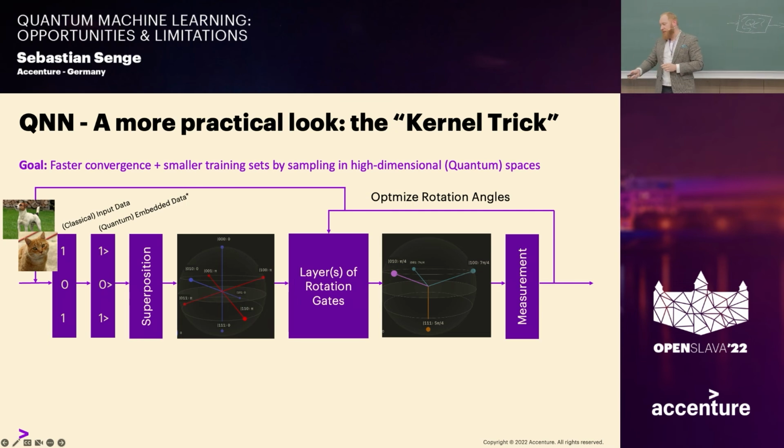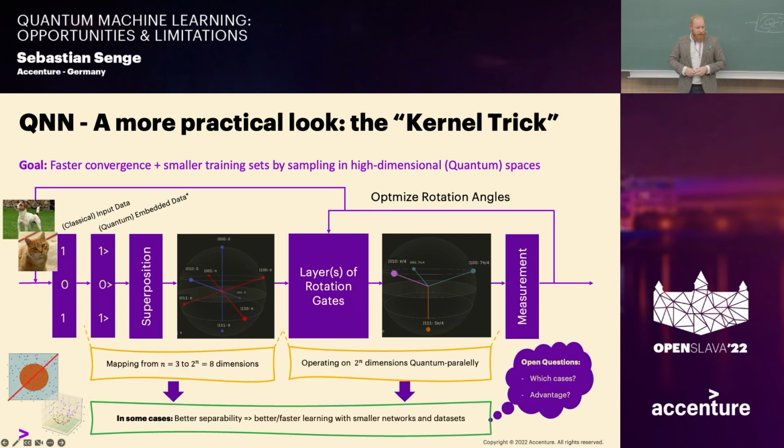And by rotating them in these layers of rotation gates, which have parameters like rotation angles, you can try to optimize the measurements that you'll finally get, at least the distributions, right? And in the interest of time, we need to speed up a little bit. But the idea here is that we go from dimension n to dimension 2 to the power of n.